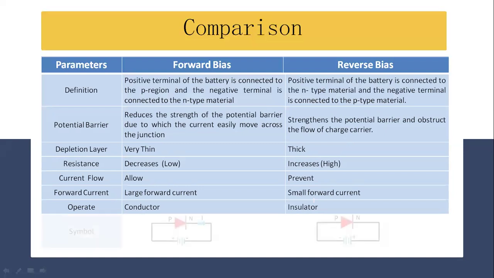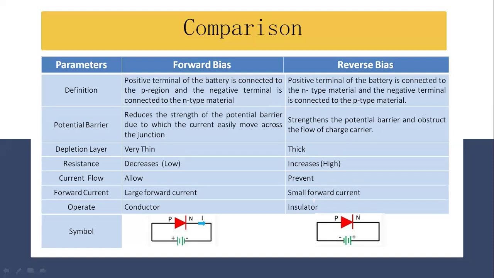Lastly, we can show the circuit connection of forward bias and reverse bias. Here you can see that the positive terminal of the diode is connected to the positive terminal of the battery, whereas the negative terminal of the diode is connected to the negative terminal of the battery.